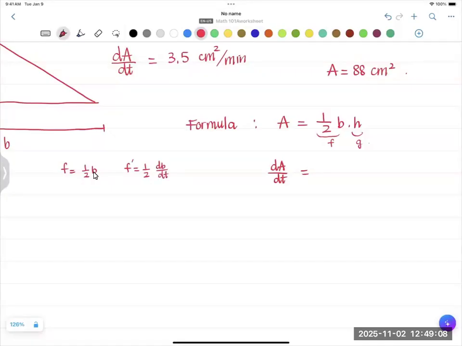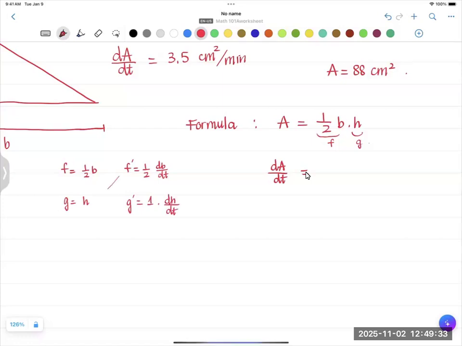It's just the same as implicit differentiation. When you take the derivative of y, you have y prime, so it's the same thing: b prime is dB over dt. And then we have g is h. The derivative of h is 1, and then the chain rule gives dh over dt.